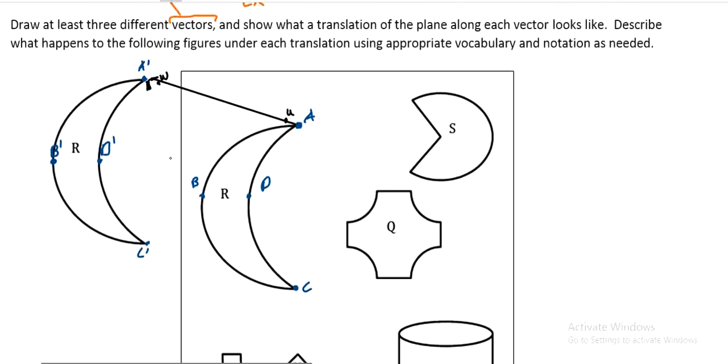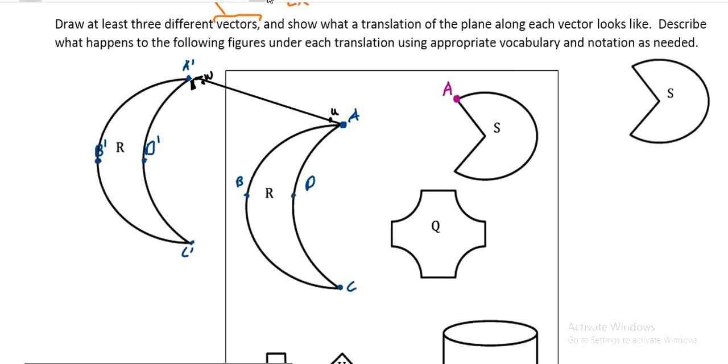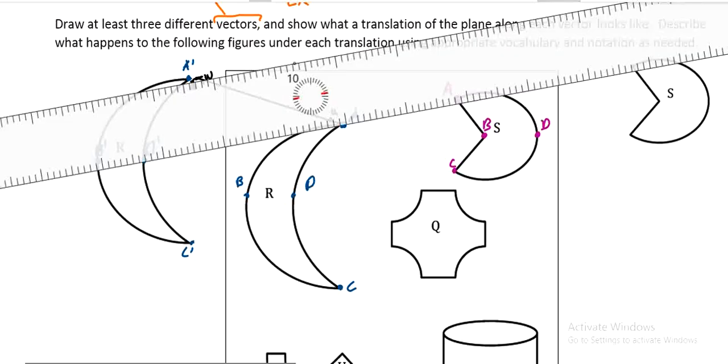If we look at a different one, we'll look at this Pac-Man image here. If I labeled this one A, B, and C, and we'll put another point over here for D. I have already translated the object, but the same holds true.